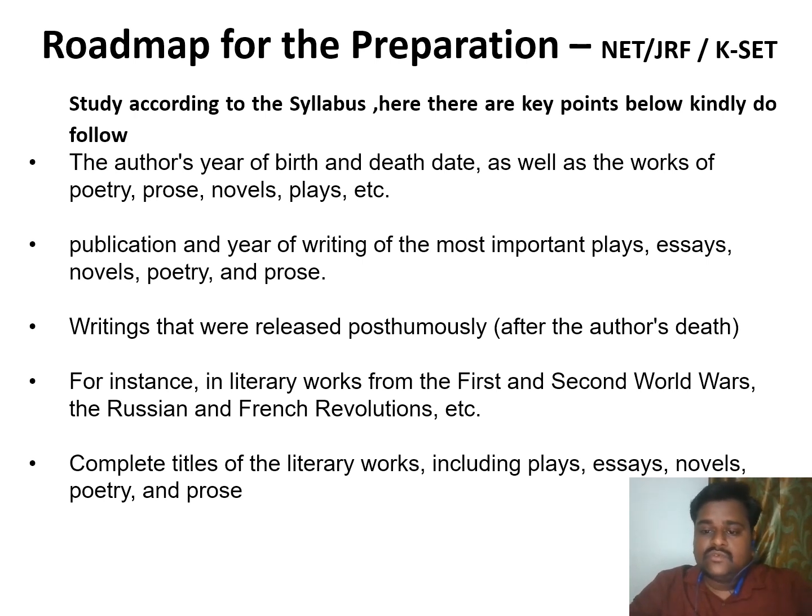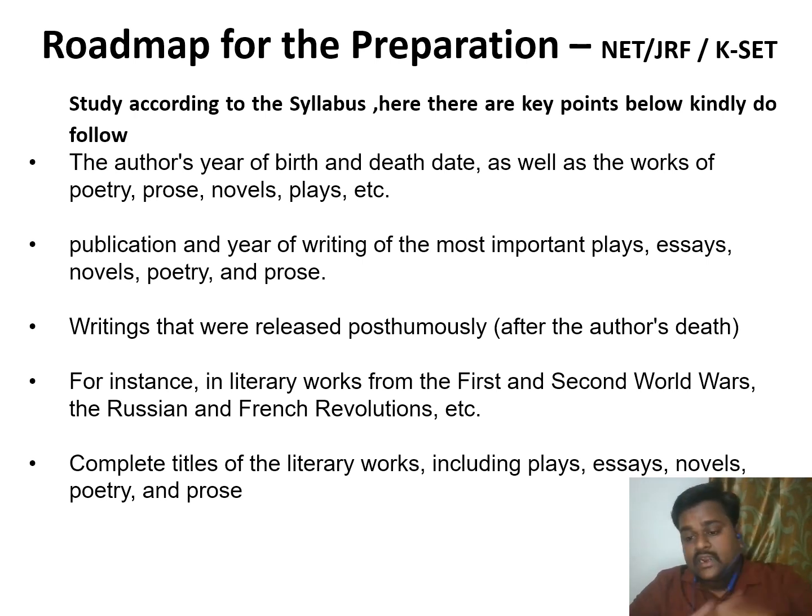So here we should study according to our syllabus and make 5 key points to recall what we had done previously. We should first focus on the author's year of birth and death, as well as the works of poetry, prose, novels, etc. When they were published, whether before or after their death, in which year, and what the political situation was.